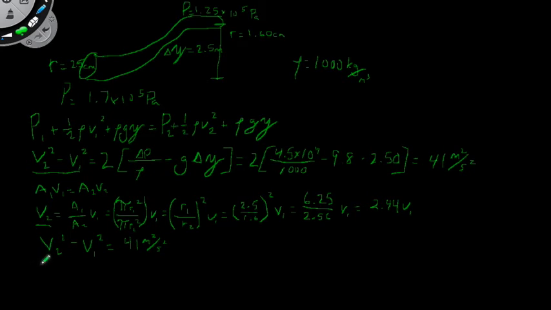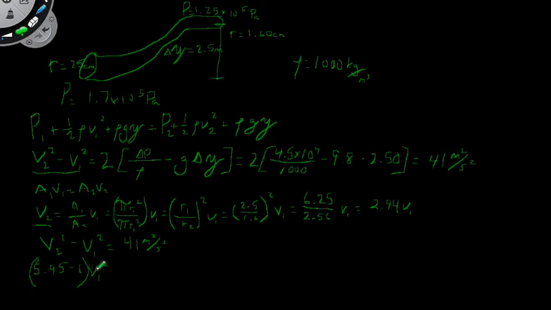Alright, if I do that, 5.95. Okay. Bear with me on this. And then I'm going to do a minus 1 times v1 squared. So once again, I have 5.95, that's what I got for squaring that, minus the 1.